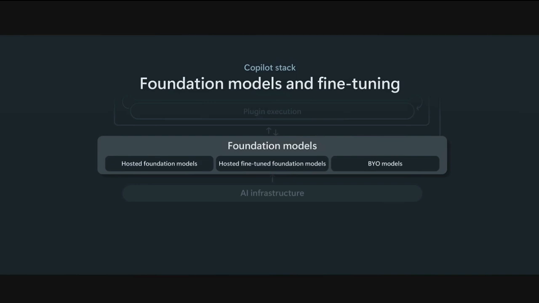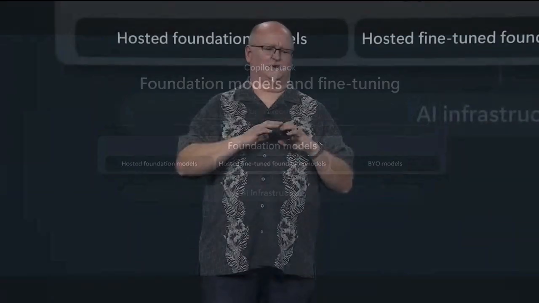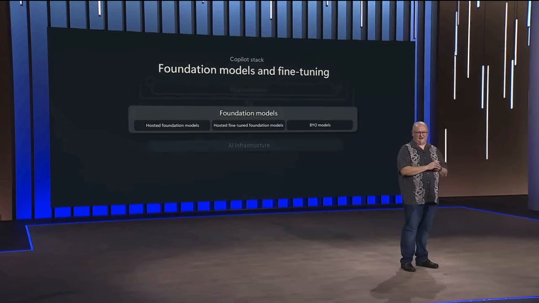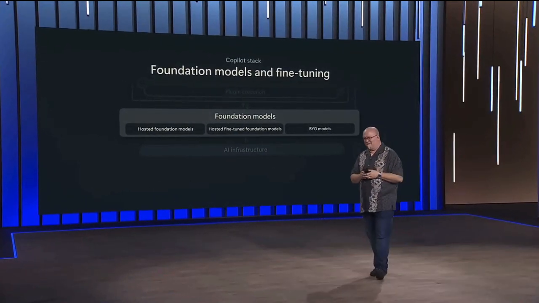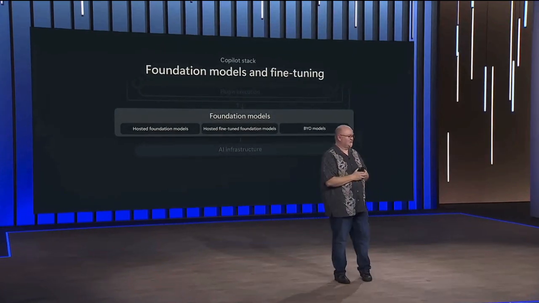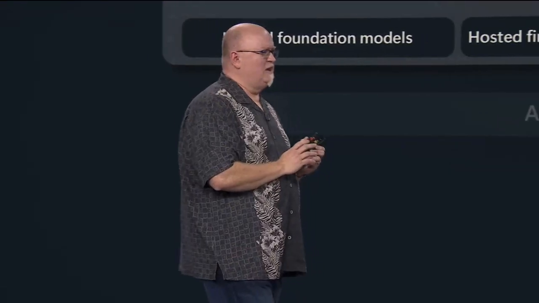But if neither of those options work for you, you have exhausted all of the things that you can do in the orchestration layer to get your Copilot to do what you need, and you can't wholly solve your problem with a hosted API for whatever reason, and you can't use the fine-tuning APIs to accomplish what you want, you can bring your own model. We are incredibly excited about what's happening in the open source community right now.